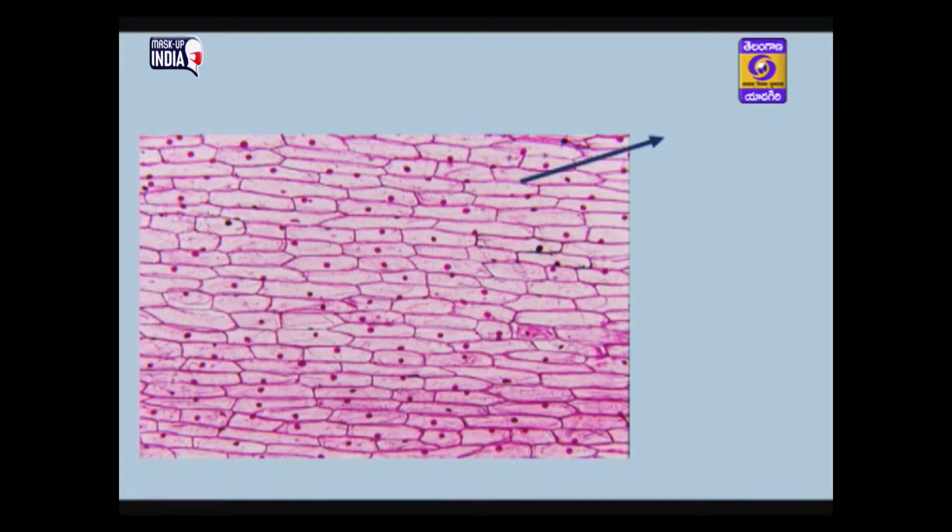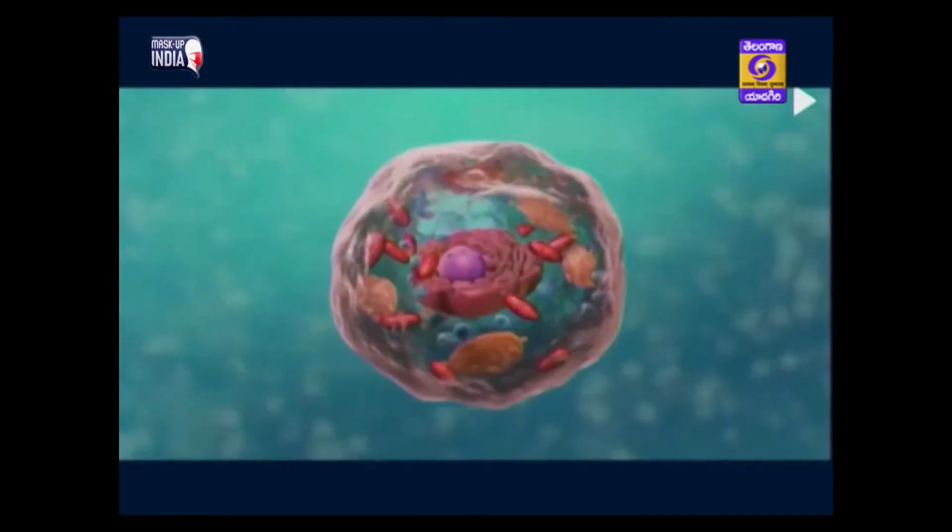The membrane which is covering the cell is called as cell membrane or plasma membrane. The fluid which is filled in the cell is called as cytoplasm, and the distinct round structure which you can see in the middle of the cell is called as nucleus.